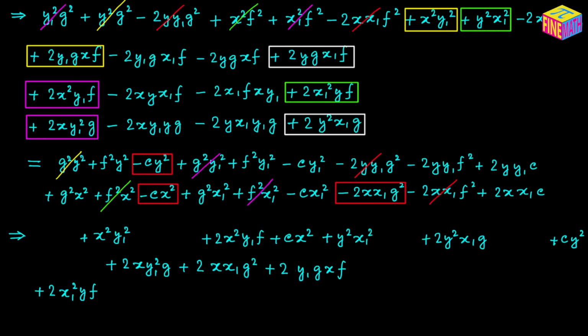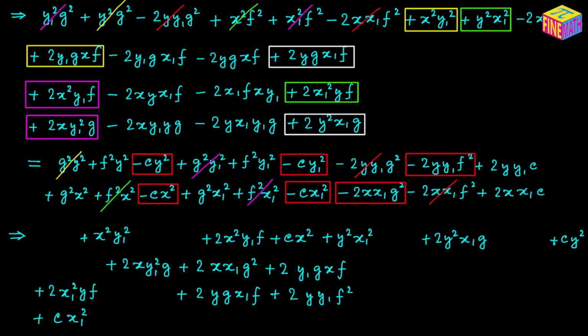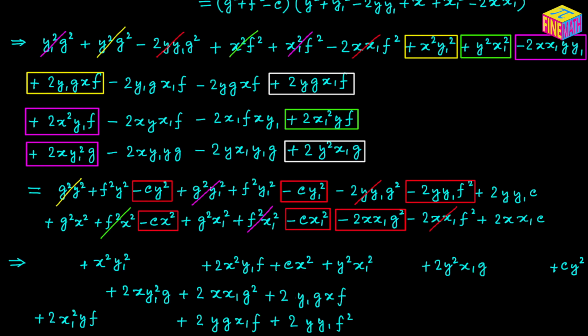Next I am going to note down 2 y g x sub 1 f term. And then I am going to bring this negative 2y y sub 1 f squared term onto the left hand side. And then I am going to bring this negative c x sub 1 squared onto the left hand side. And then I am going to bring this negative c y sub 1 squared onto the left hand side. And next I am going to bring this negative 2x x sub 1 y sub 1 term onto the right hand side.